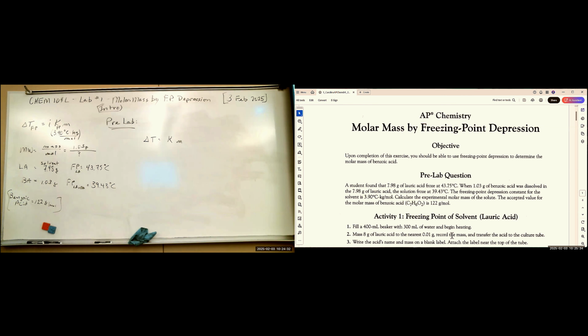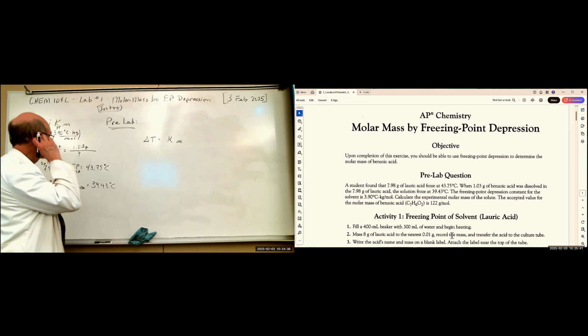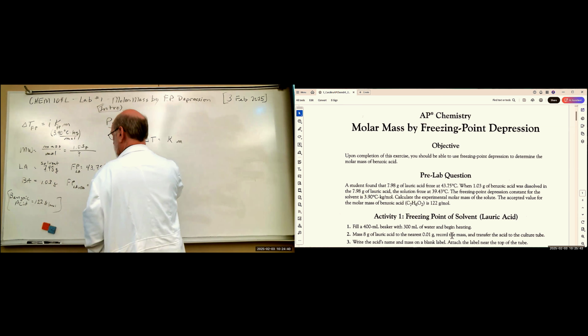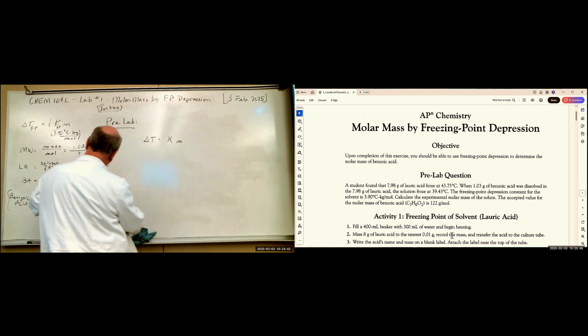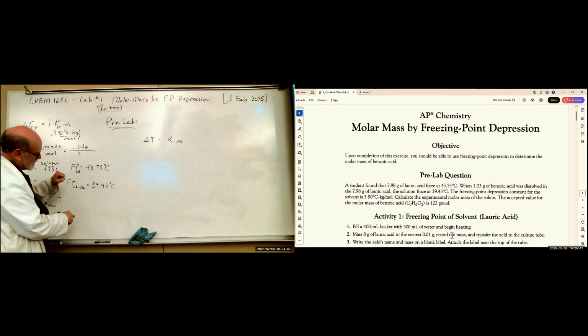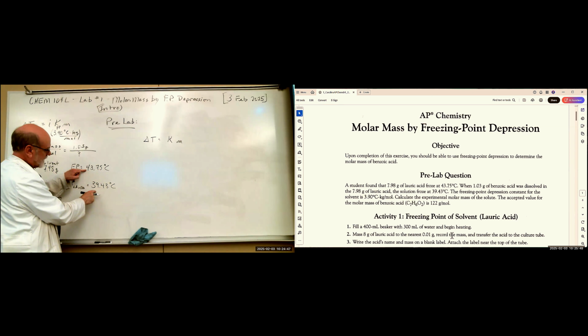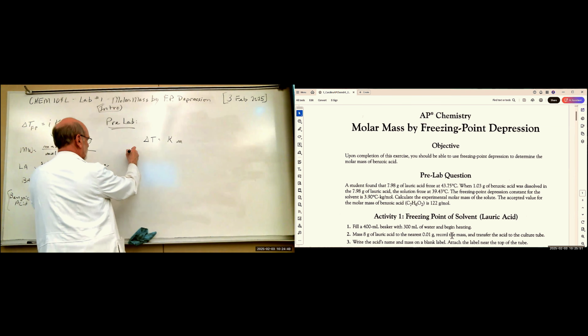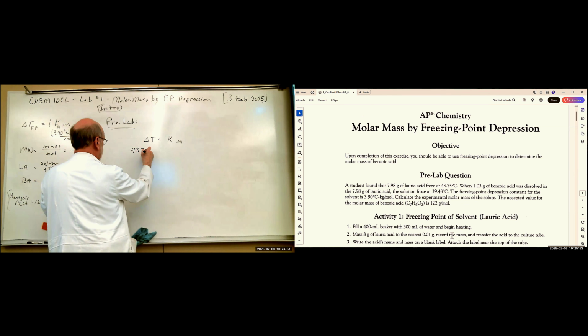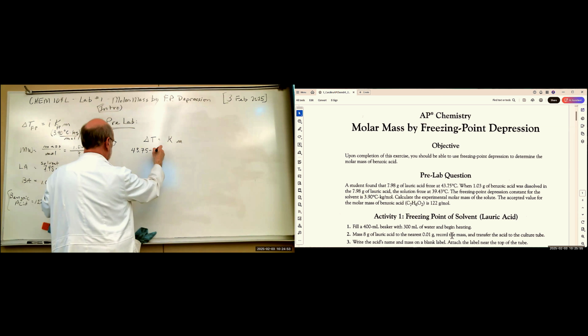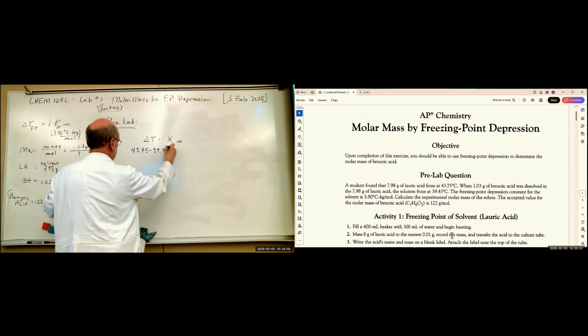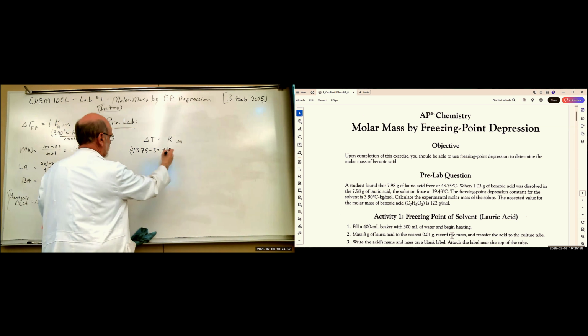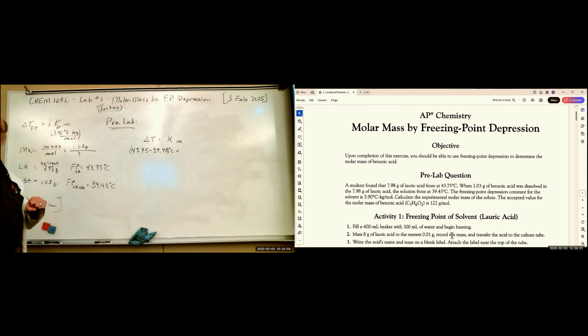Benzoic acid has an acid group, and some of those hydrogens leave, but not enough to influence the results. So what is delta T? It's a depression, this one minus that one: 43.75 minus 39.43 degrees C. That's delta T, the change in temperature.